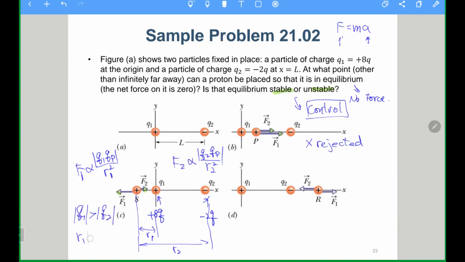R1 is this distance and R2 is this distance, and since they are distances, they must be positive, so R1 is less than R2. When we plug these values in, we can clearly see that F1 should always be larger than F2 when we put the charge on the left side. So we also reject this case.